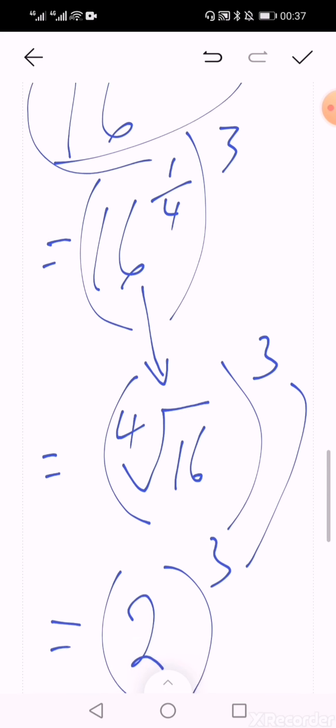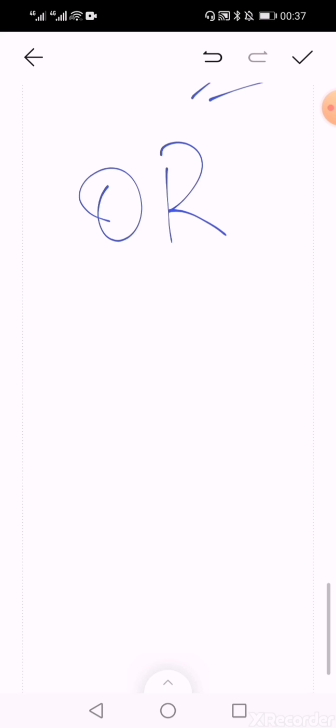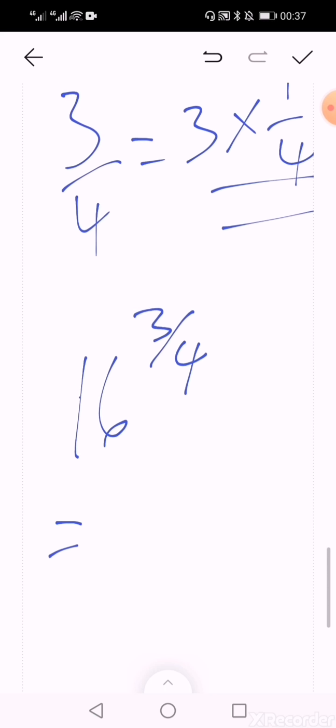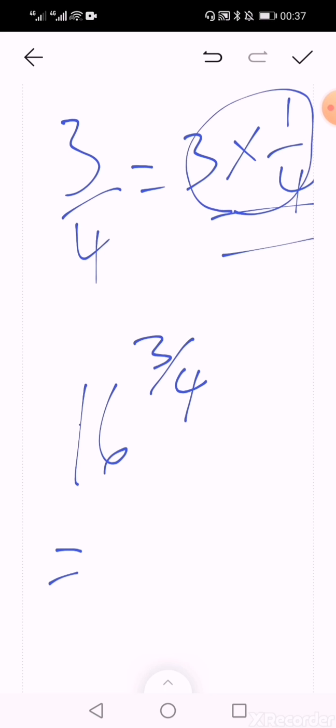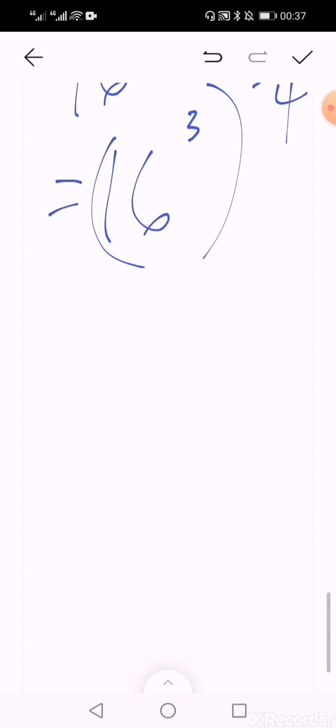All right. So this is one way of finding it, or we could still work on the same problem. You remember that 3 over 4 can be written as 3 times 1 over 4. So this is another way of writing 3 over 4. Let's write 3 over 4 this way. This gives us 16 to the power 3 times 1 over 4.